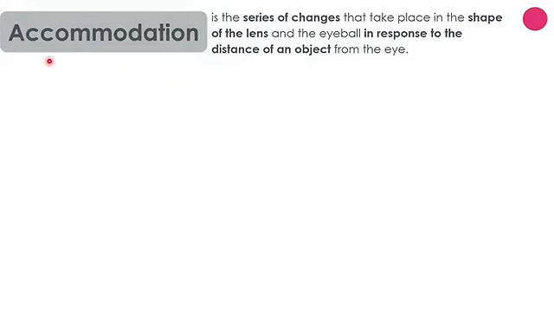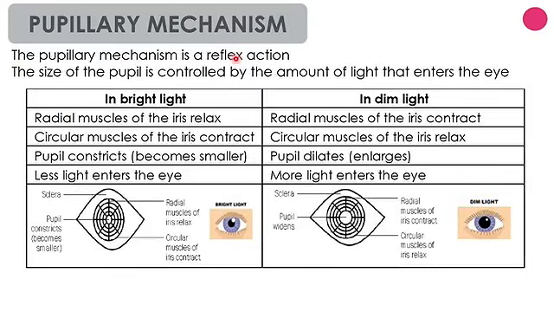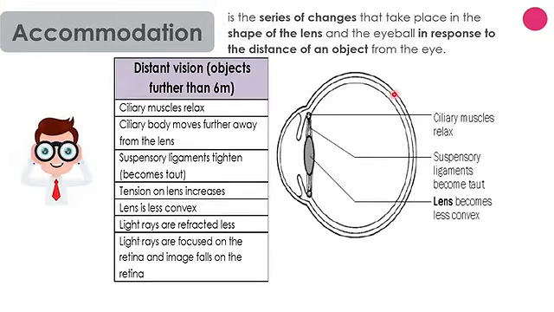So accommodation has got to do with distance. I'm just reminding you again, because a lot of times you get confused. Pupillary mechanisms have to do with the amount of light, bright light and dim light. Right, so what happens if there's distant vision, so you look at an object that is far?